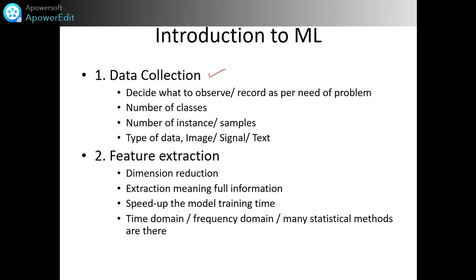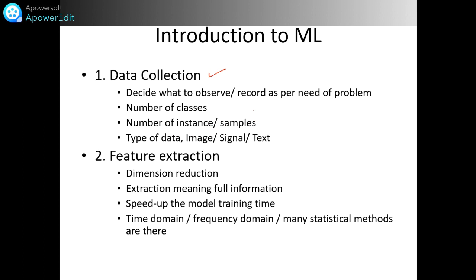First we have to analyze what data will be helpful for solving our problem. Then, in how many classes we have to classify that data. Then the number of instances or samples, meaning how many samples we are collecting, because your training also depends on the number of samples available.